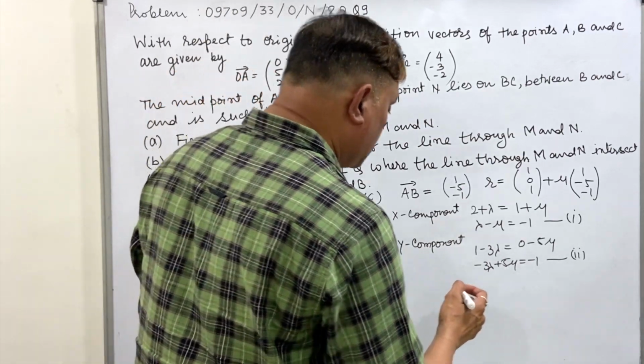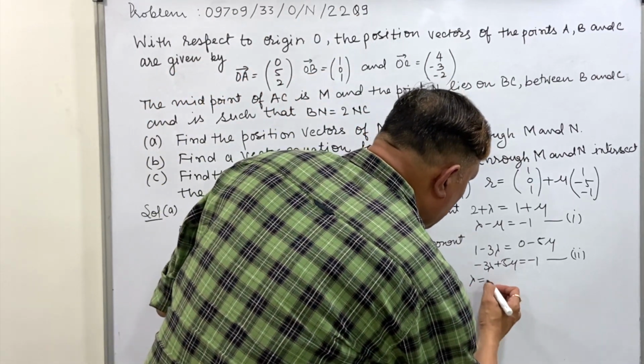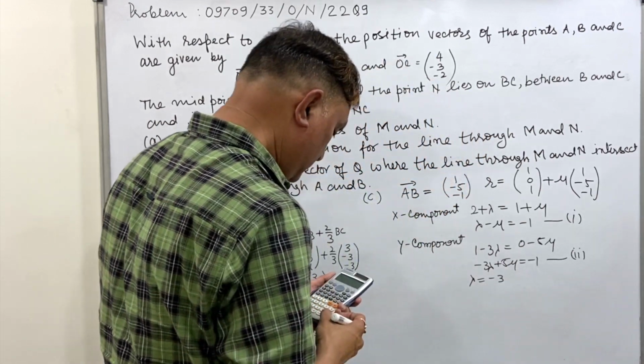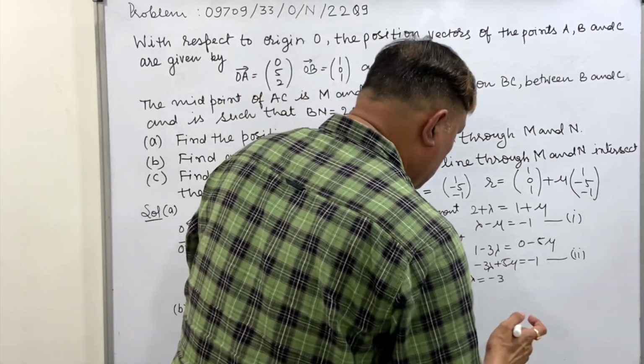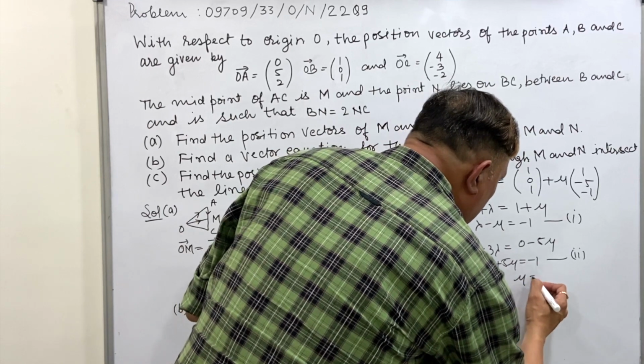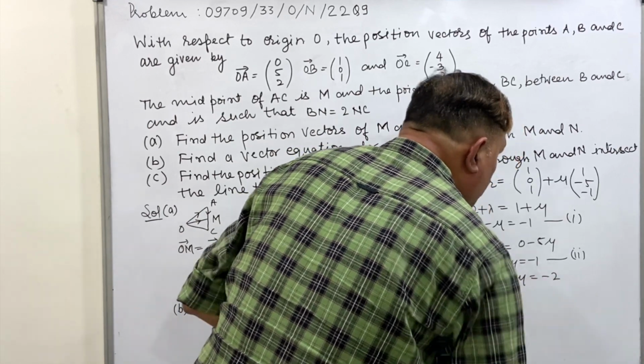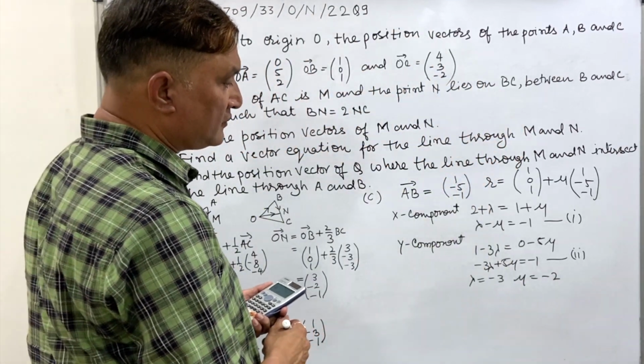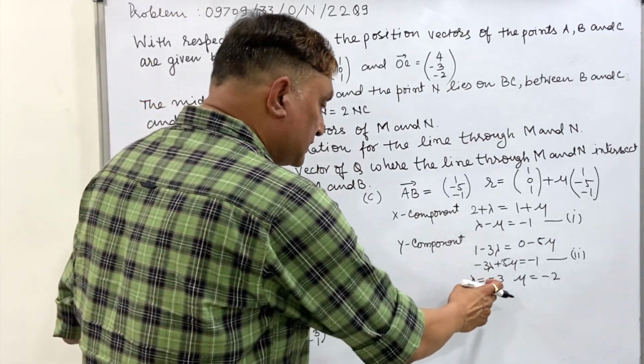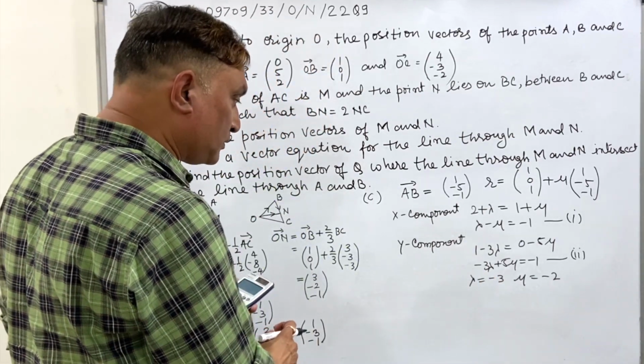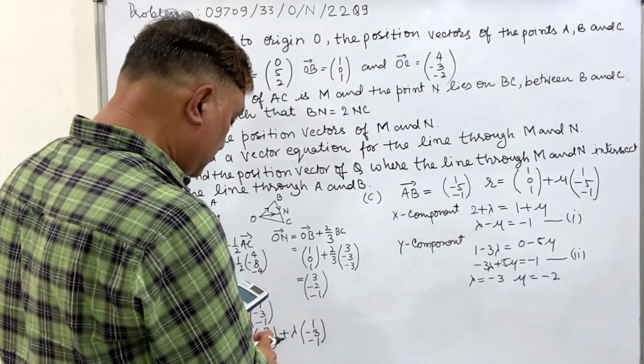So now the value of lambda would be -3 and the value of mu would be -2 here. Now these values we will substitute in the respective equations.